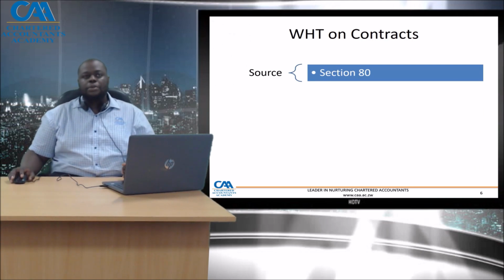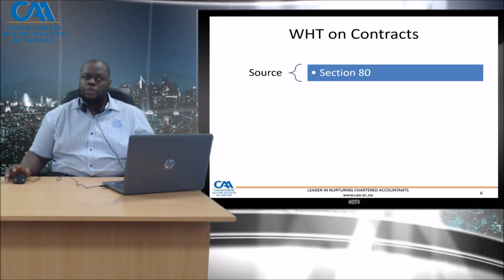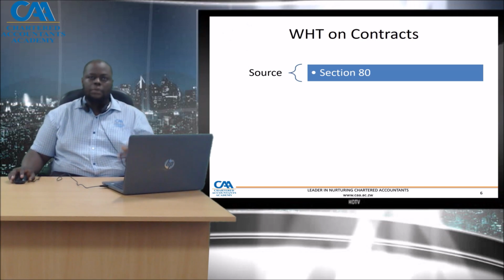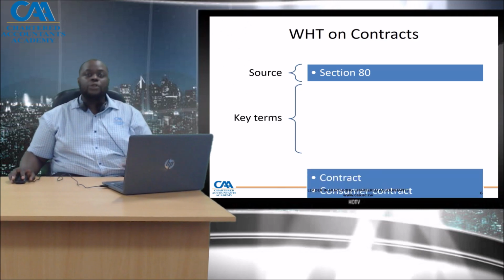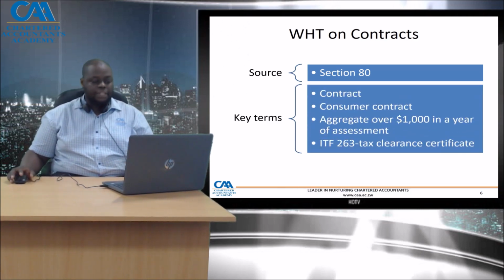What that section states, in short, is a payer or an entity will withhold up to 10% of any amount payable if it exceeds on aggregate $1,000 in any year of assessment. The amount they withhold is 10%.